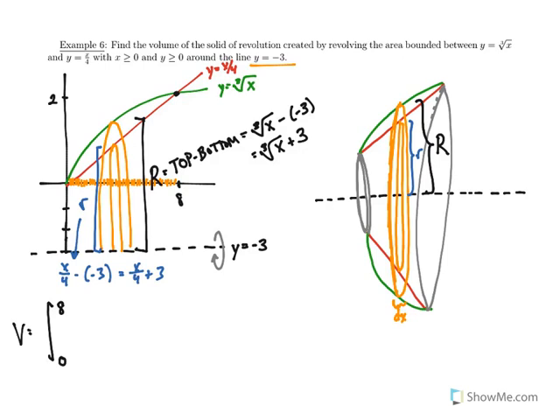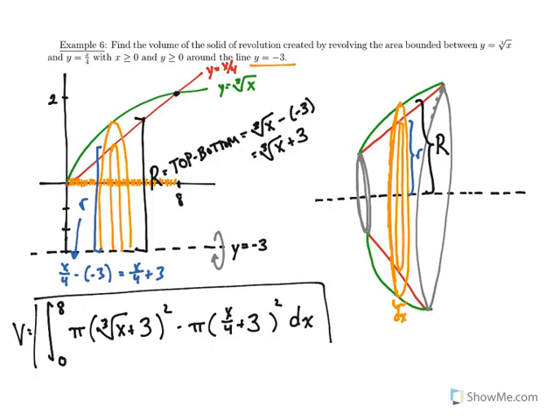And the volume of a slice is going to be pi big R squared minus pi little r squared dx. Big R squared is going to be cubed root of x plus 3 squared, and little r is going to be x over 4 plus 3. And with that integral, we could evaluate and solve.